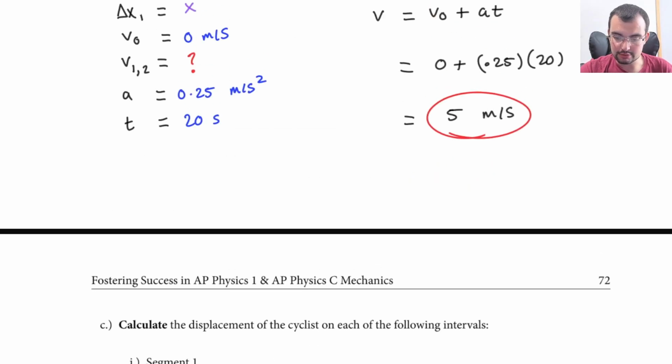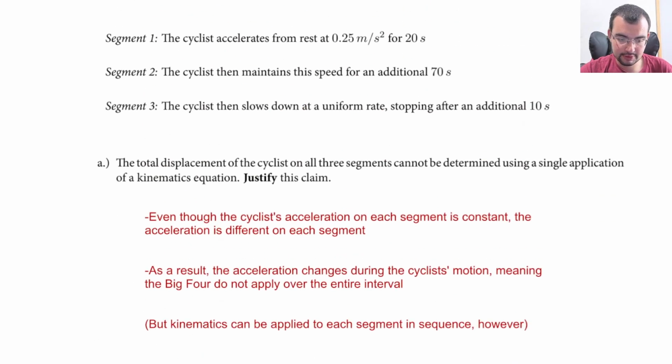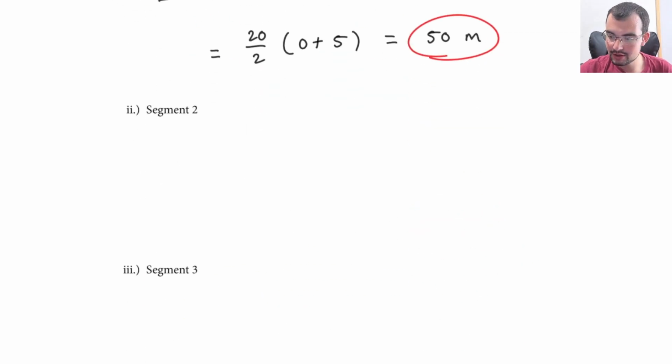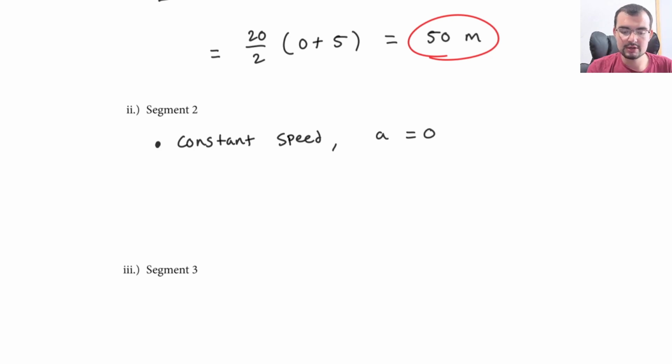All right, segment 2. What do we know about segment 2? Maintains this speed for an additional 70 seconds. So what we actually know is that the speed is constant. So acceleration is 0. So we could just do kinematics with a equals 0. But if you know the velocity is constant, there's only one equation it could be.